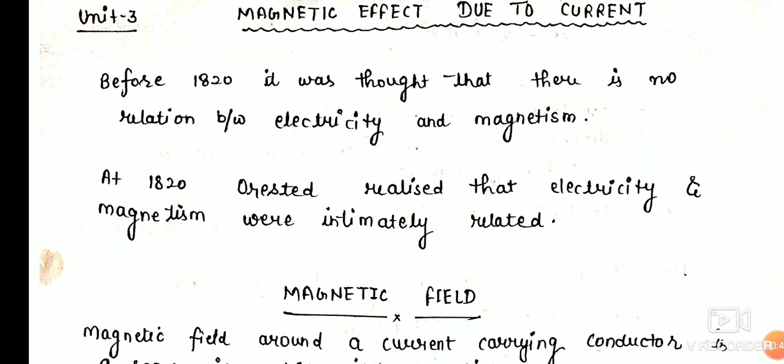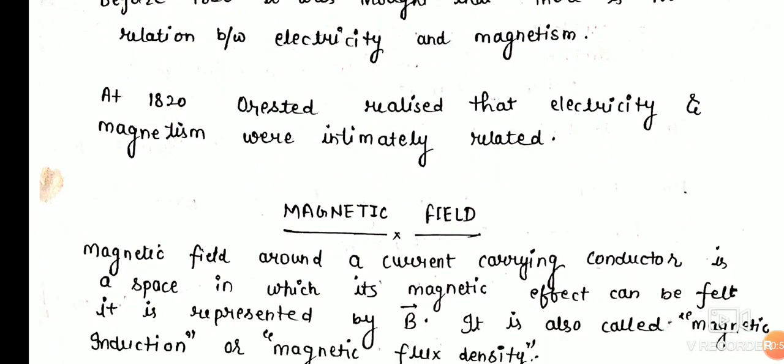It means that if there is electricity, there is also magnetism around it, and if there is magnetism, there is definitely electricity there.